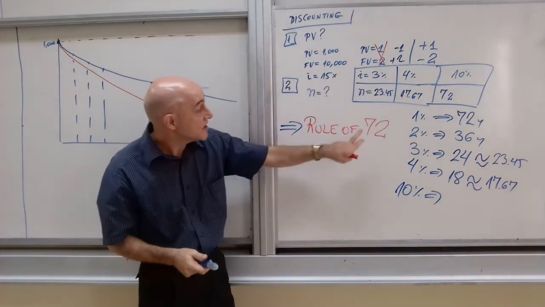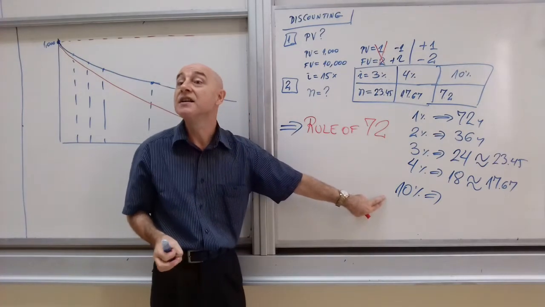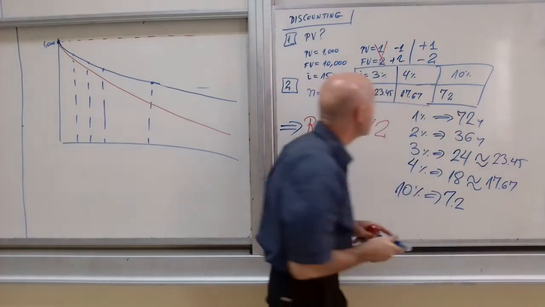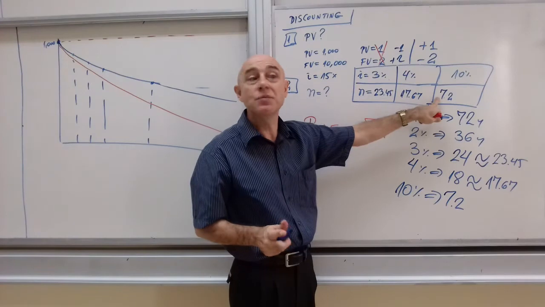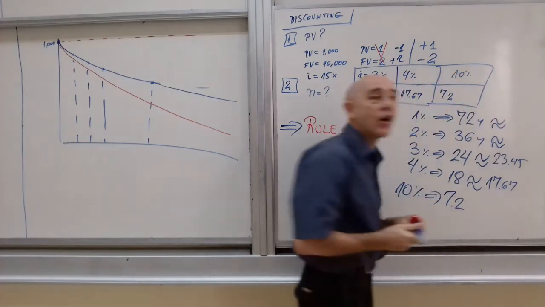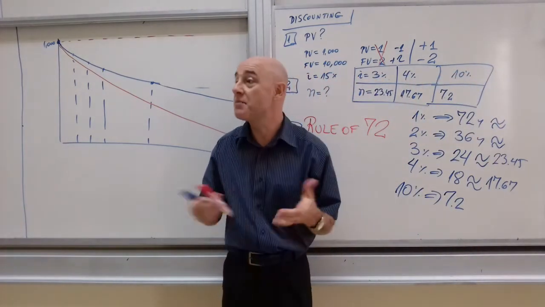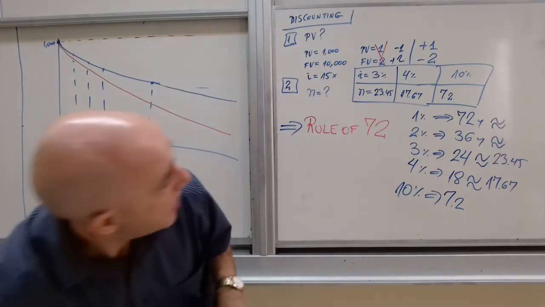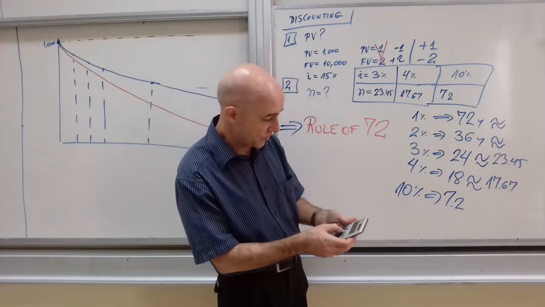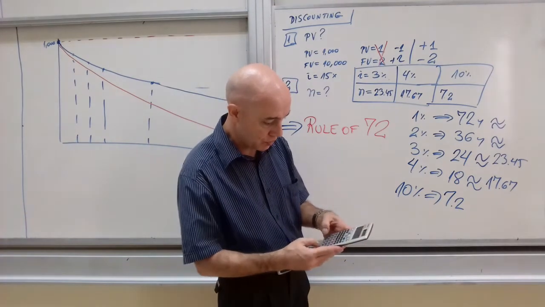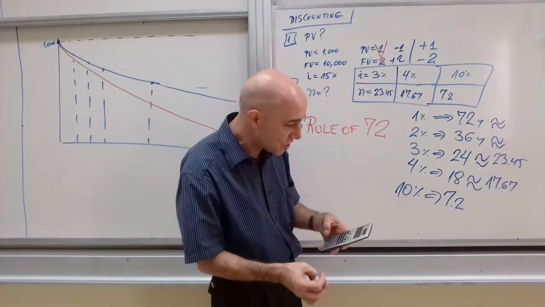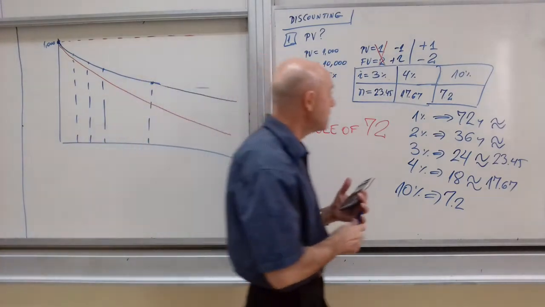72 divided by 10% is 7.2. And amazingly, I got 7.2. Now, just for fun, let me calculate this for 2% on a financial calculator. For a 2% interest rate, I say 2, enter, recalculate N, and it says 35.00.